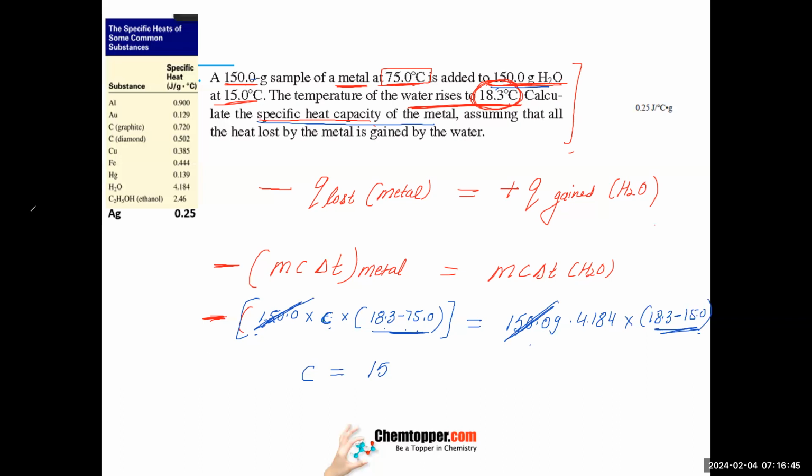So you have 4.184 times this difference, which is 3.3, divided by this difference.